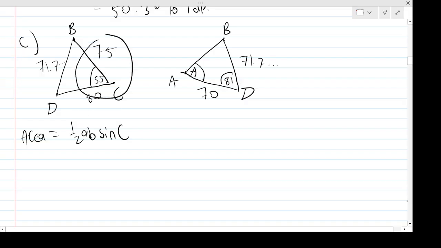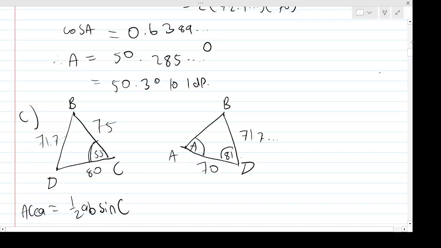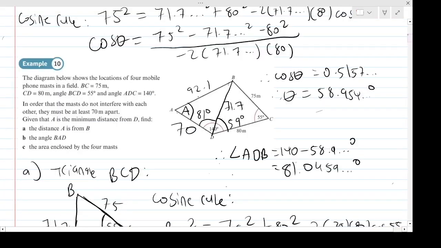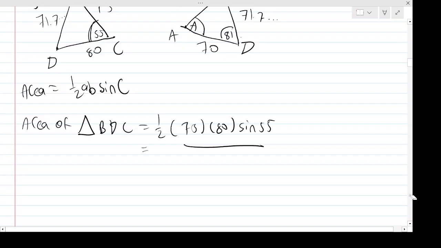Well, this one's quite easy, right? Because I've got the angle 55 here and the two sides 75 and 80 next to it. So the area of triangle BDC, which is the first one, is going to be a half times those two sides, 75, 80, times sine of the angle 55. Now none of those are long decimals because those were the original values given in the question, so no need to use the store function of my calculator.